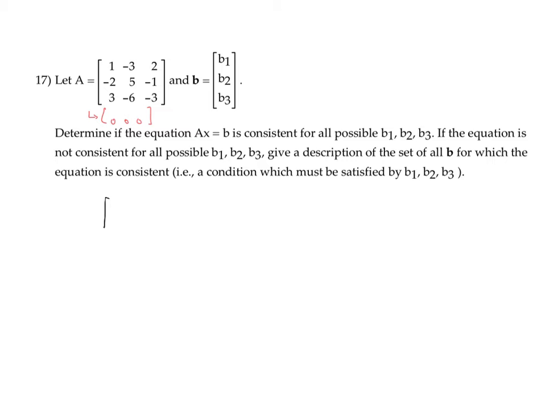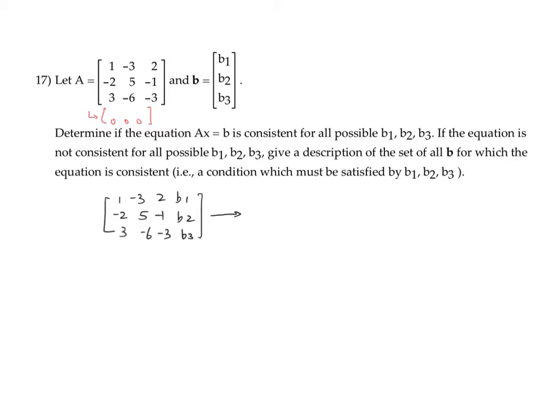Okay, so I'm going to copy down the matrix. We don't need to completely RREF the matrix, we just need to reduce to echelon form. So the first thing is I'm going to replace row 2 by adding twice row 1, so that it eliminates these 2.